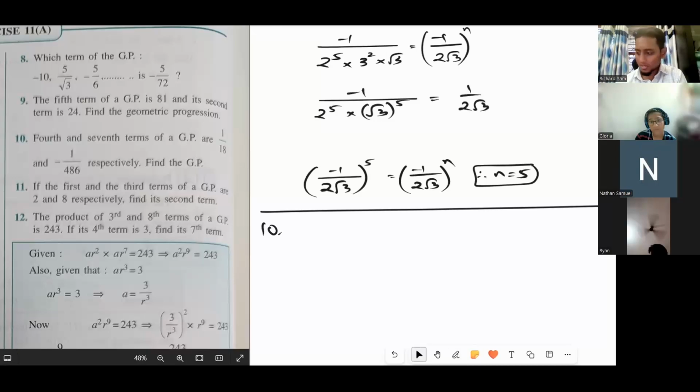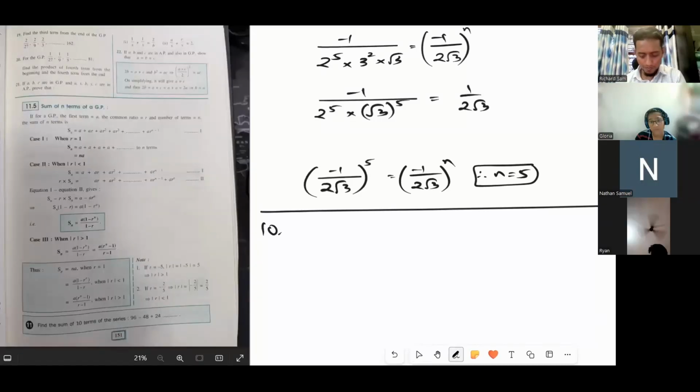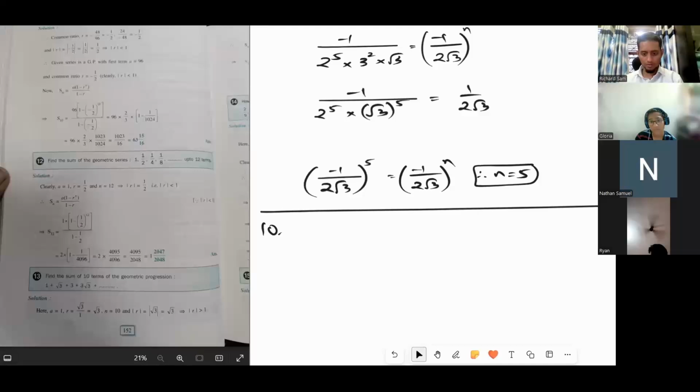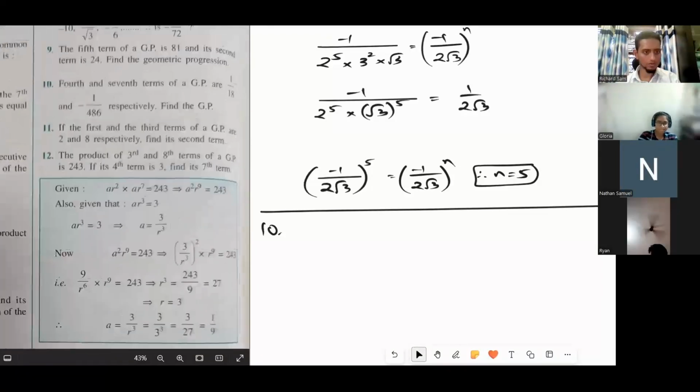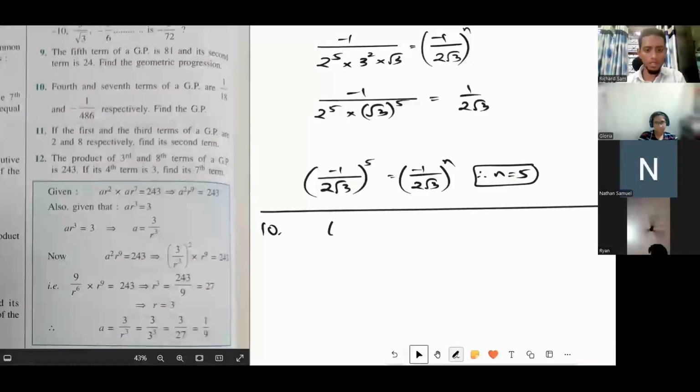So fourth term, that means T4 is 1 upon 18. And T4 is represented how? AR raised to 3. AR raised to 3 is 1 upon 18.